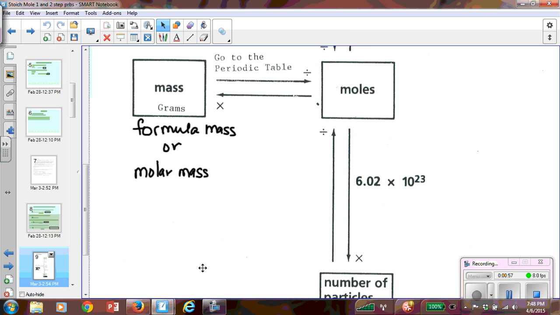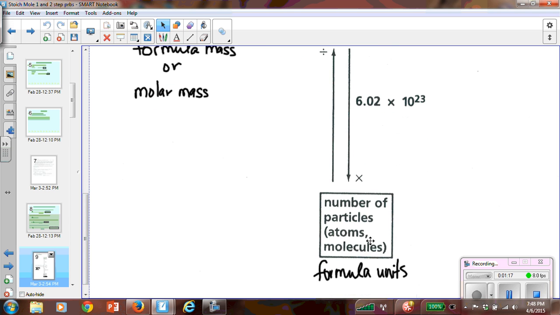So we go to our mole diagram. This time we're starting in mass. And again, there's not a direct path going from mass to number of particles, so this is why it's considered a two-step. So we'll go mass to moles using our periodic table, then moles to our number of particles, which is our number of molecules down here, using Avogadro's number.